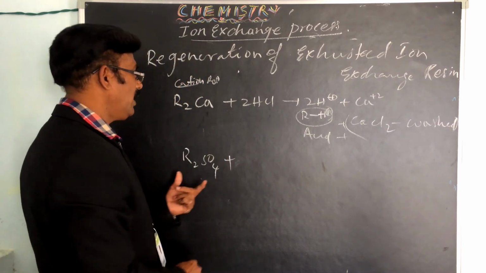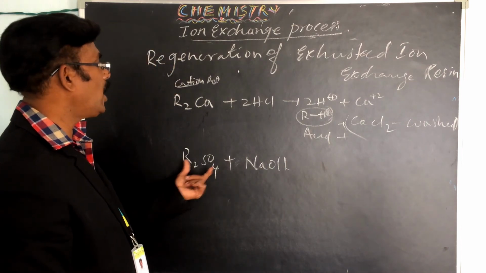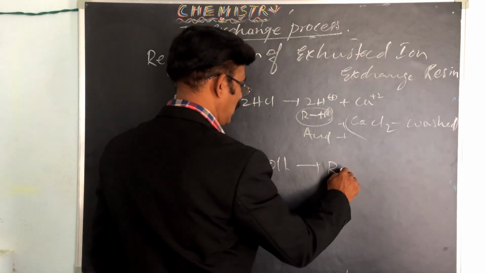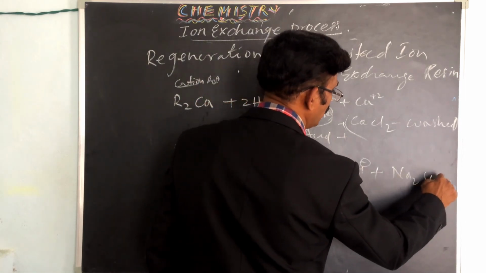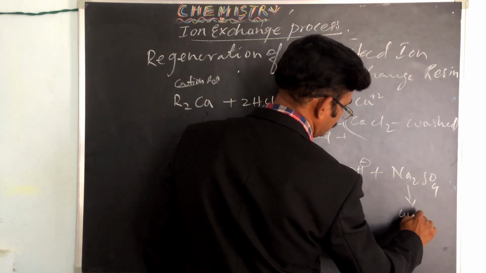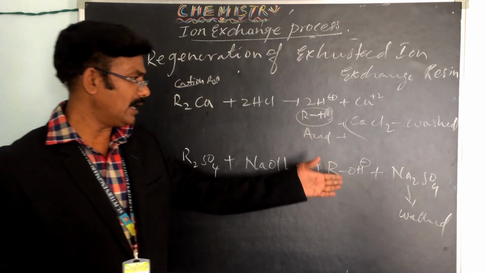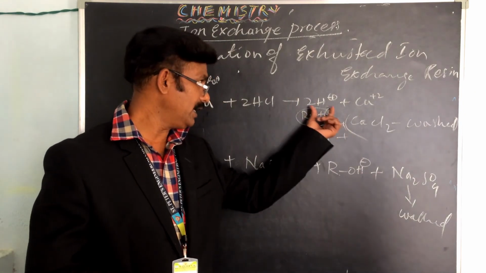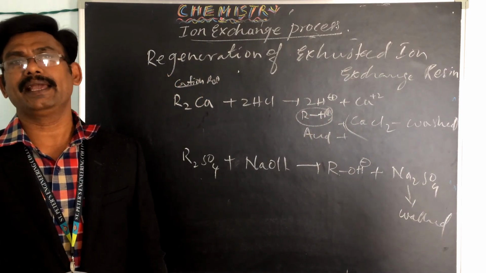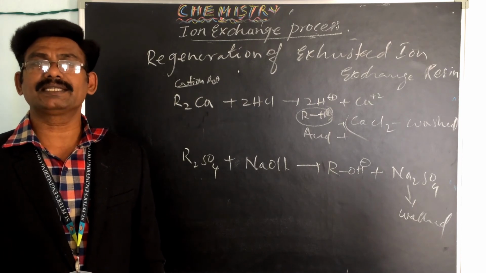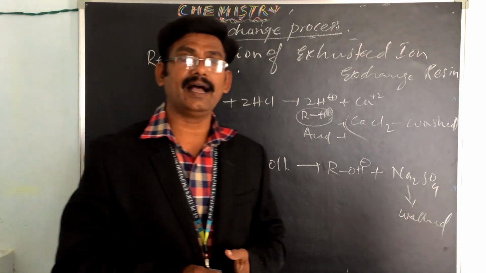Similarly, for this one, use the base NaOH to form R2OH, plus sodium sulfate Na2SO4 washed out. ROH means the anion resin. Here is the cation resin. So anion exchange resin and cation exchange resin, these are the regeneration of exhausted ion exchange resins.